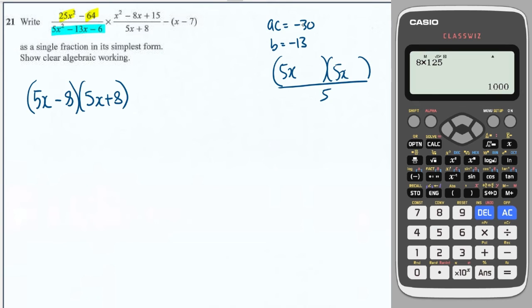Two numbers times together to make minus 30 and add together to make minus 13. They are minus 15 and plus 2. Does that work? Yes, it does. We can divide the left one through by 5. So we get this, and that goes under there.